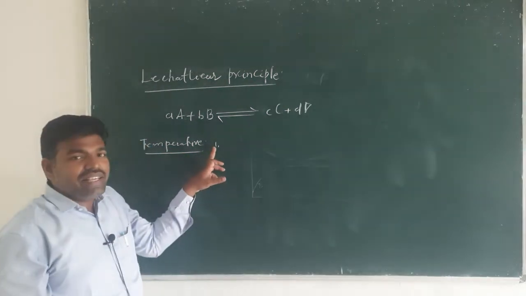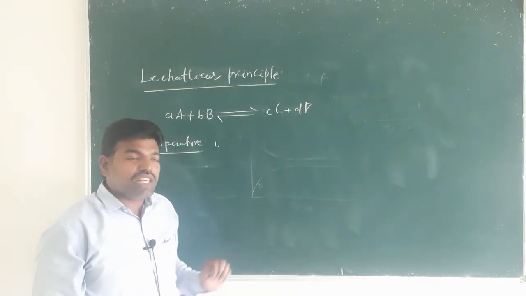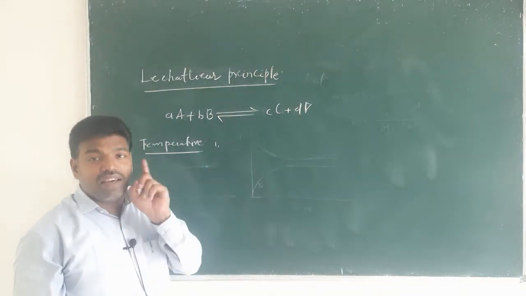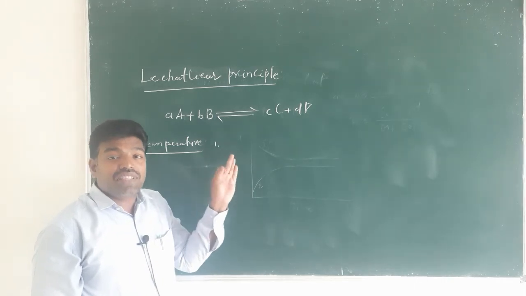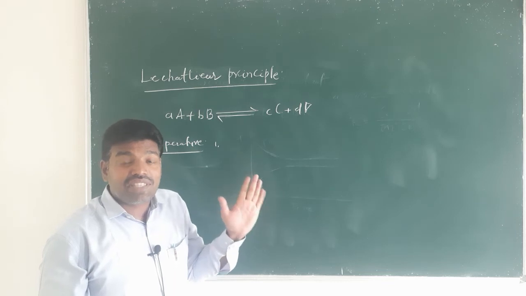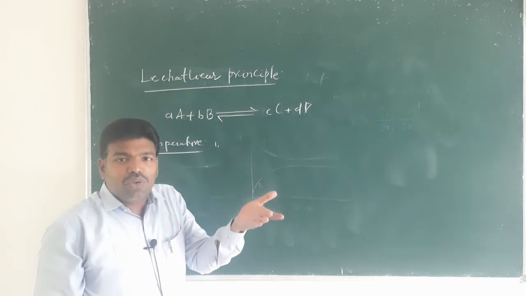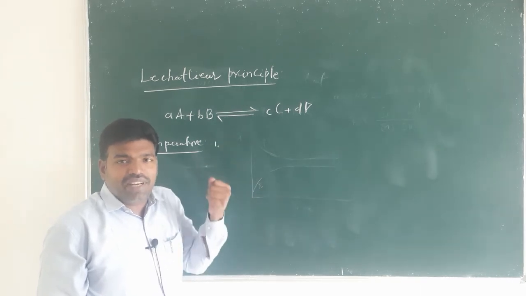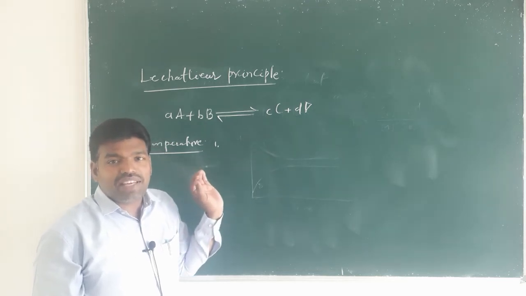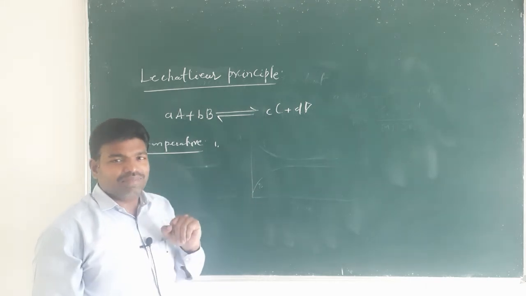Here we are increasing the temperature of the reaction mixture, so equilibrium shifts in the direction of endothermic reaction, that is the direction in which heat is absorbed. To escape from that high temperature, equilibrium shifts in the direction in which heat is absorbed, right.